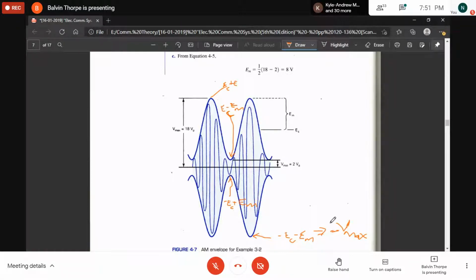So let's go again. Here on the positive side is a maximum. So this would be positive V max.